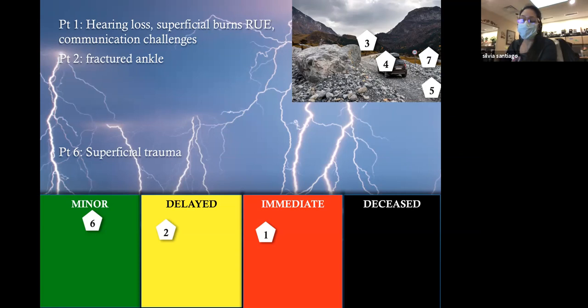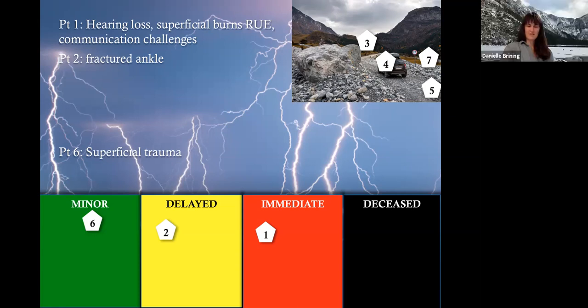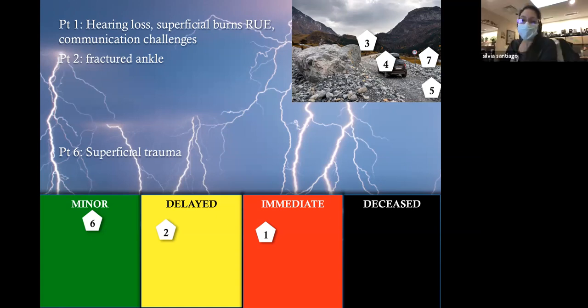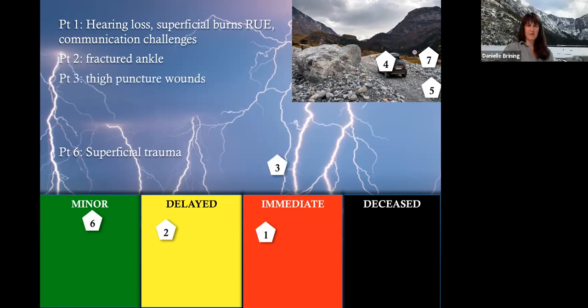And his heart rate? Central heart rate. The heart rate's about 80. Is he responsive? Yes. Okay, he would go to delayed. Perfect. Can't walk. So this patient 3 with 5 puncture wounds goes to delayed.